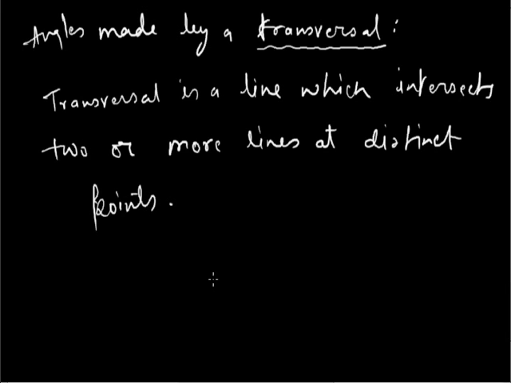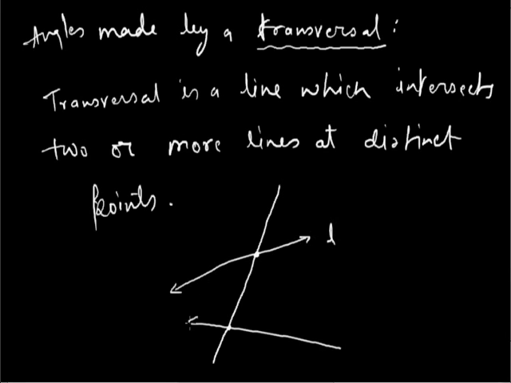Let us see one diagrammatic view of a transversal. Suppose these are two lines, L and M, and any other line, suppose X, intersecting the first two lines L and M at two distinct points O and O dash.